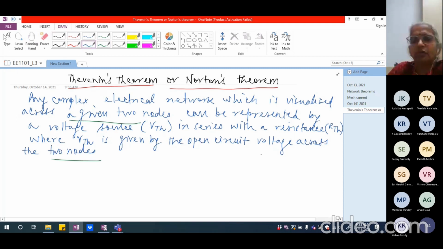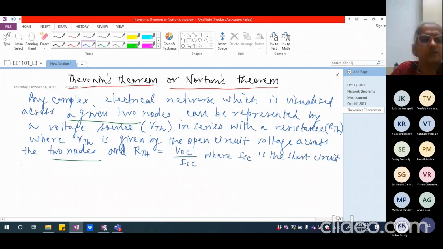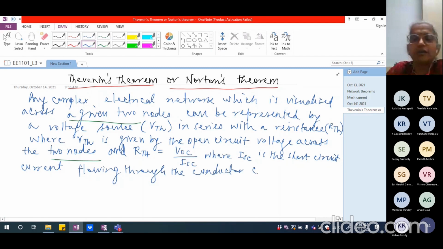So this is the open circuit voltage across the two nodes, and RTH is this V open circuit or V Thevenin divided by ISC, where ISC is the short circuit current flowing through the conductor connecting the two nodes.